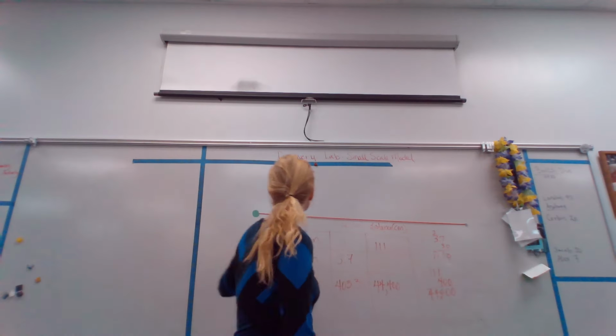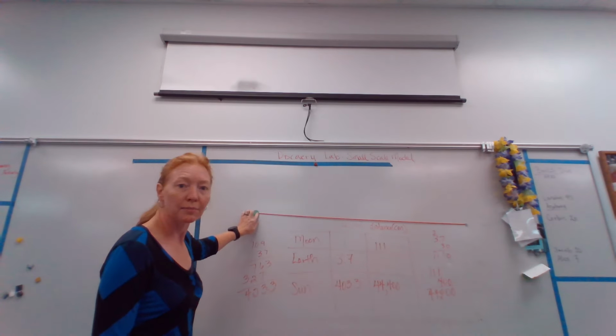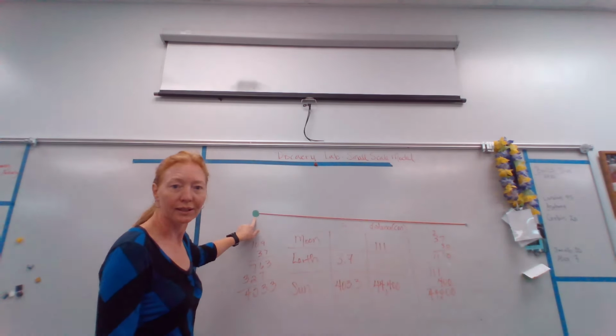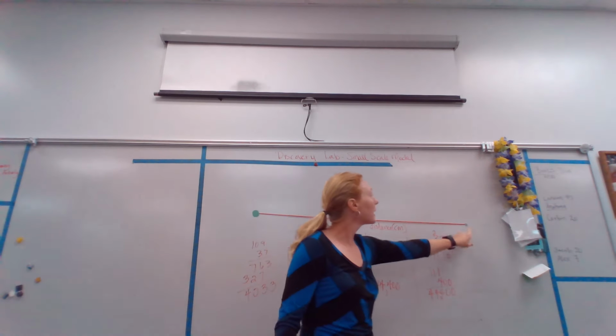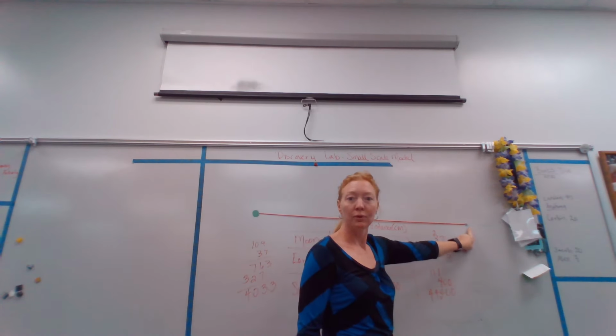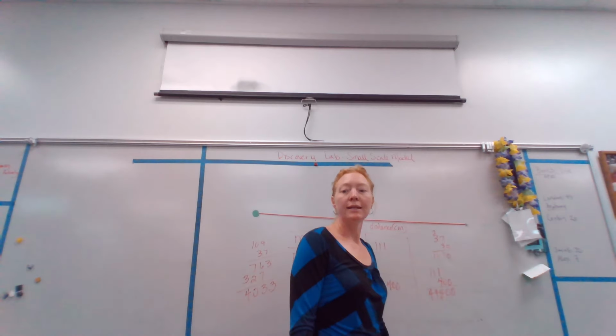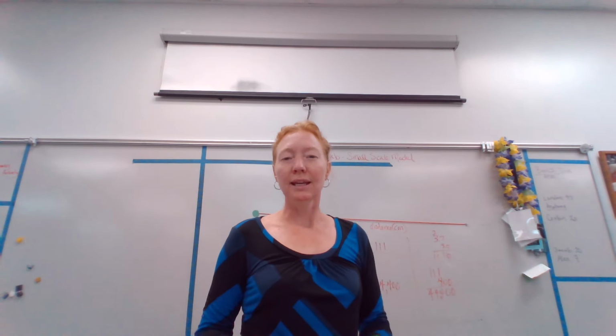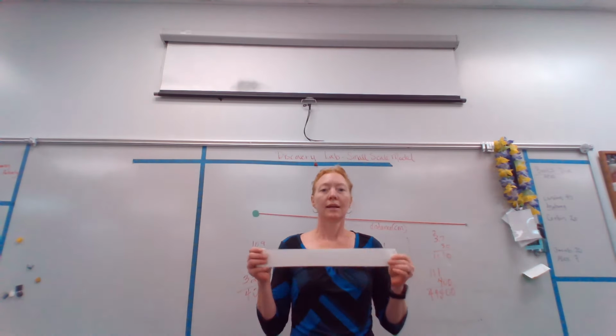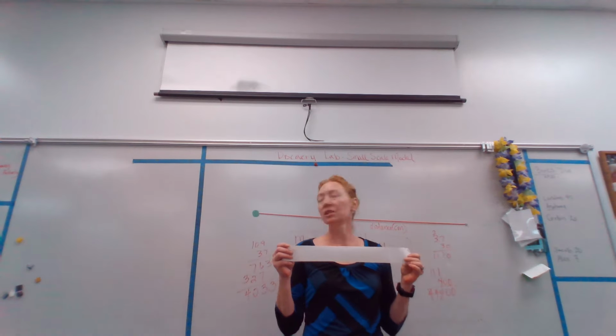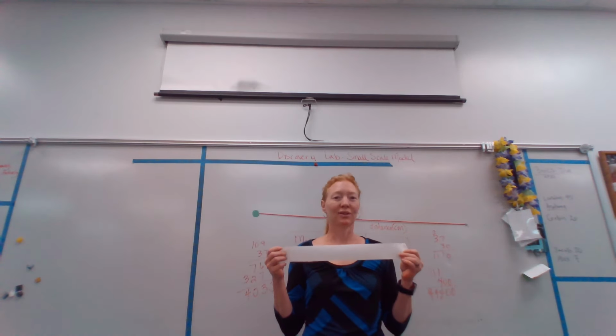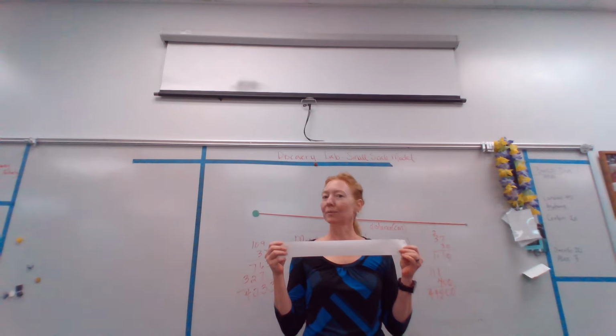If you take a look here, you can see I have created my Earth. I made it green, and my moon, my blue little dot over here. And if we were to try to measure out the diameter of the sun, it literally would stretch halfway across my room. I have no one here to help hold this, and you wouldn't be able to see it anyway because it goes halfway across my room.